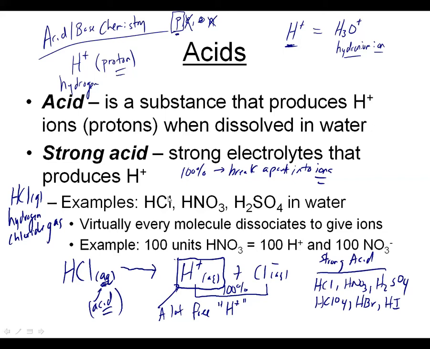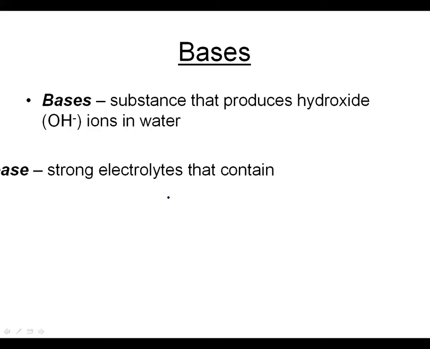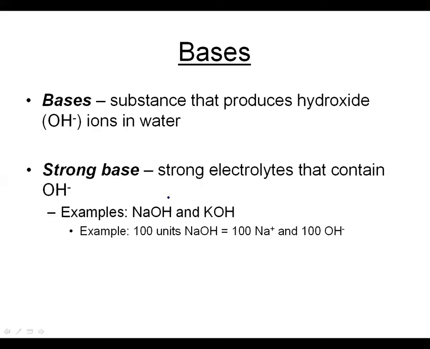Now, bases, on the other hand, are substances that are able to produce hydroxide ions in solution. Hydroxide is OH minus, one of those polyatomic ions. A lot of strong bases actually have OH minus in the actual formula.